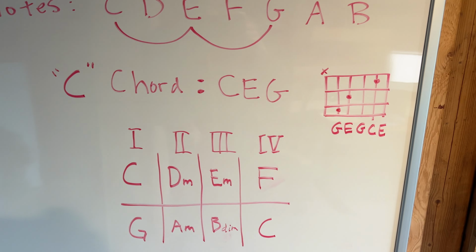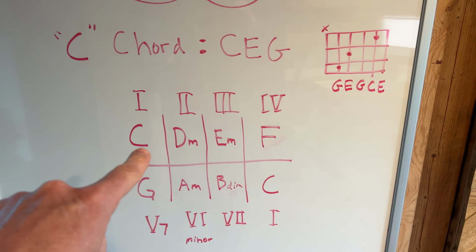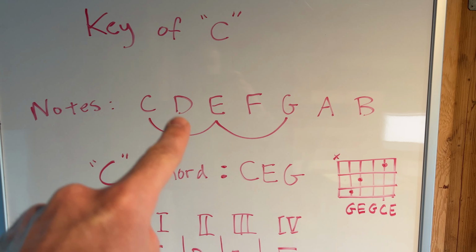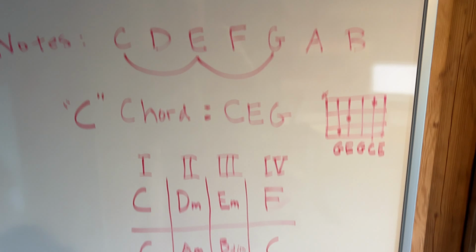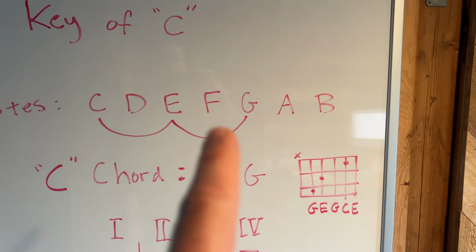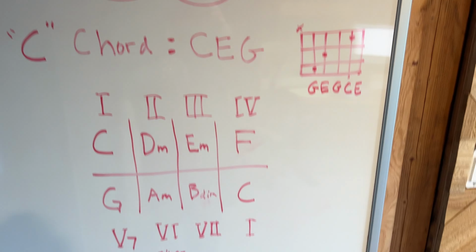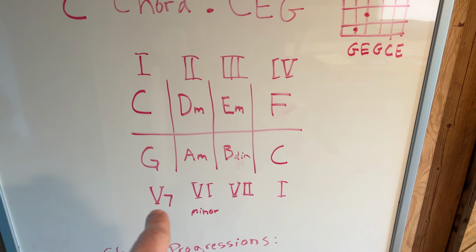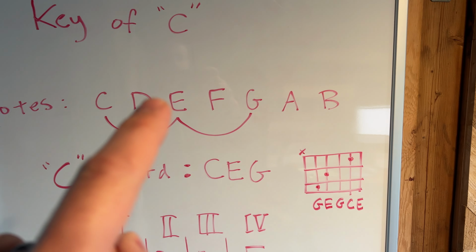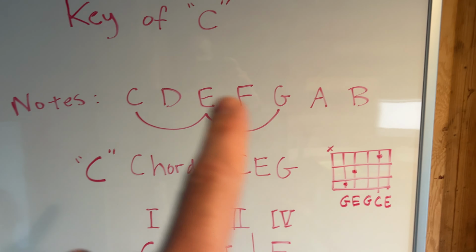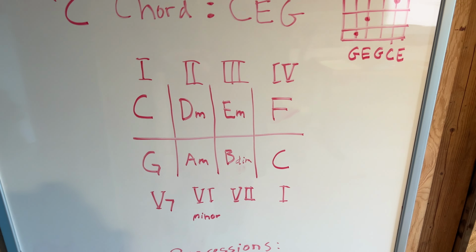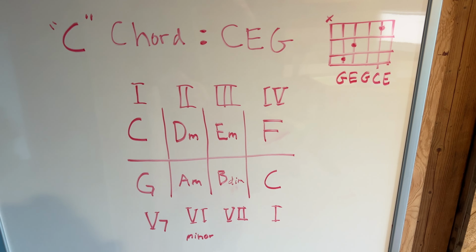Hopefully you don't have any questions, but what's really cool, just going back to this, is C: C, E, G. D minor: D, F, A. E minor is E, G, B. F is F, A, C. The G7 chord, the tension chord, would be G, B, D. A minor would be A, C, E. Any way you combine those three notes anywhere on the fretboard, you've got that chord.